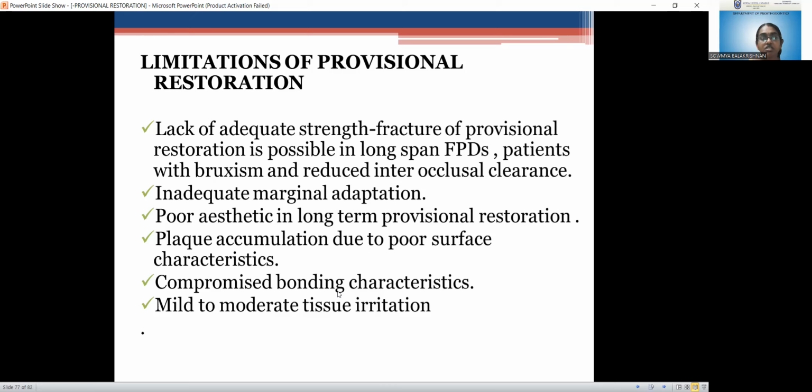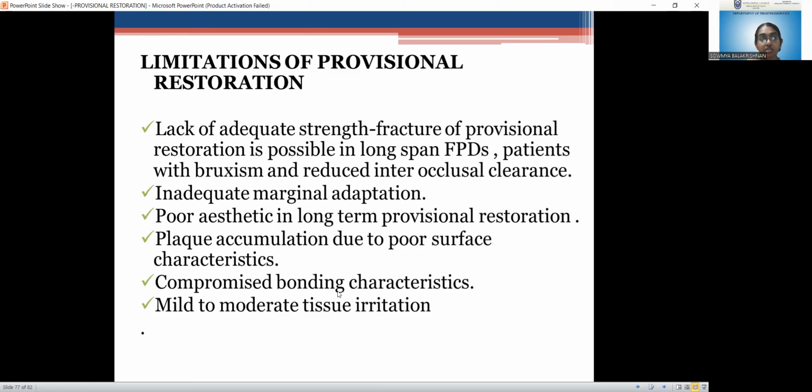Coming to the limitations of the provisional restorations, there is a lack of adequate strength when compared to the final or definitive material; it should have less strength. If we do not fabricate with adequate thickness, it can lead to fracture of the provisional restoration in the case of a long span FPD, and also in patients with bruxism and reduced interocclusal clearance.